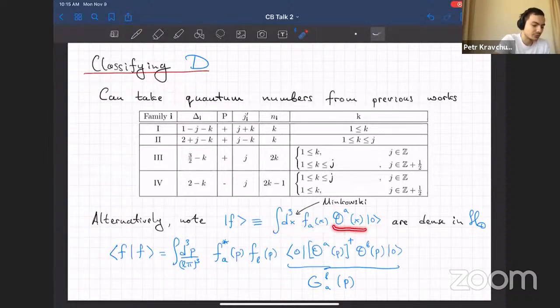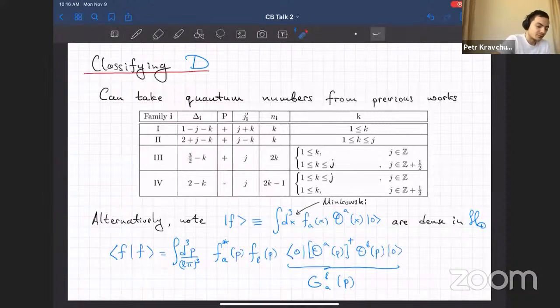And so if we just use one particular primary operator, this will be dense in our representation generated by the primary. The nice feature about this is that when you take conjugation in Lorentzian signature, it doesn't do anything to x. Because of that, the norm of the states can be computed by transforming everything to Fourier space. In Fourier space, it just becomes the Fourier transform of the Wightman 2-point function, and you integrate it over a single momentum, with f and f conjugate evaluated at p.